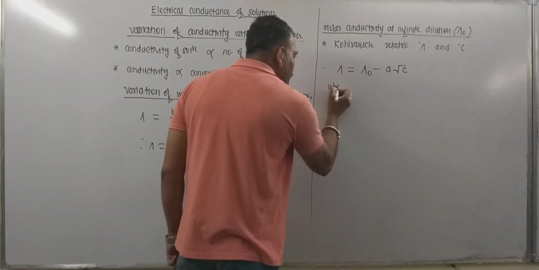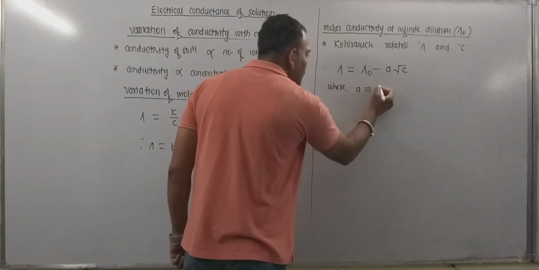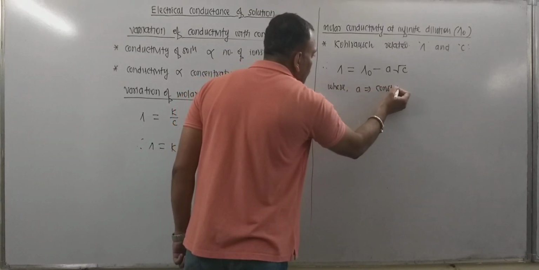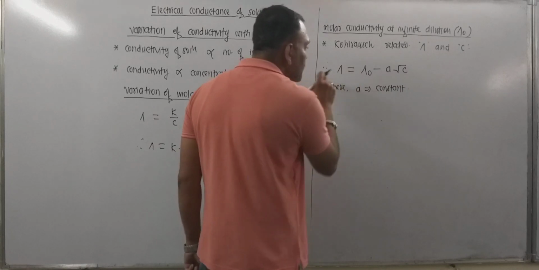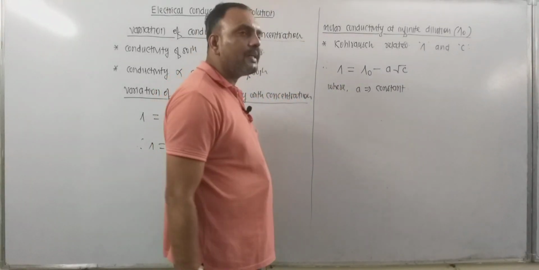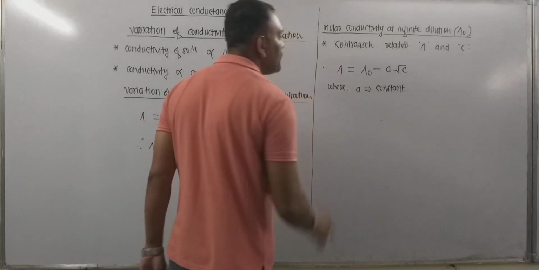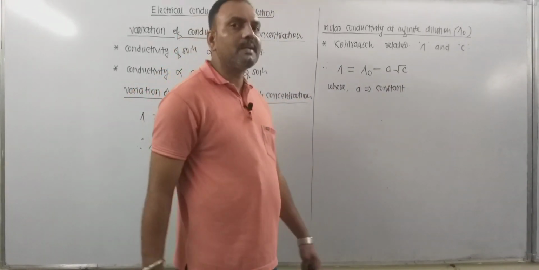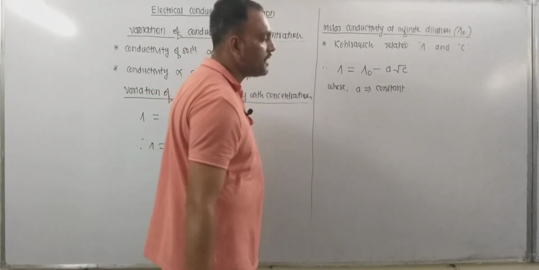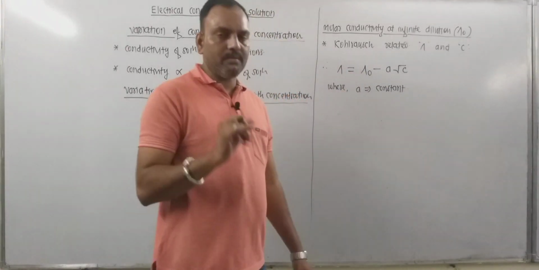Now where a is nothing but a constant, lambda is the molar conductivity, lambda naught is the molar conductivity at infinite dilution or zero concentration, and c is the concentration.